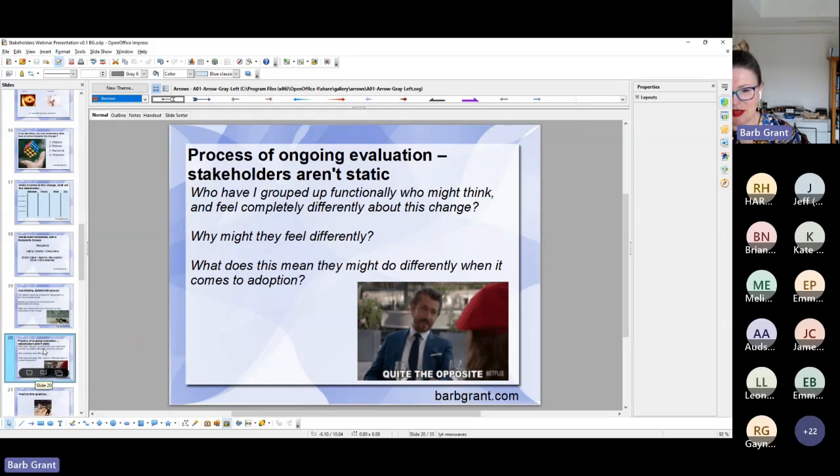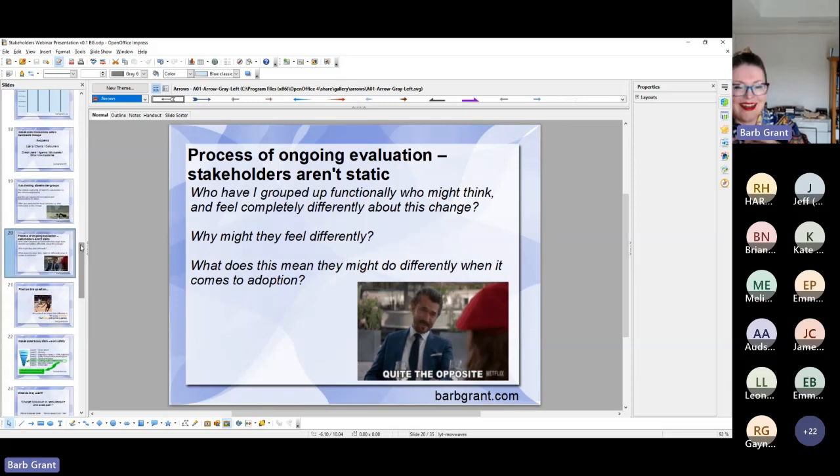Okay. And so then we can pick up the maybe at first glance quite contrarian or counter impulses towards or away from adoption that there might be that we're not aware of if we don't ask these questions and keep asking them throughout the process.